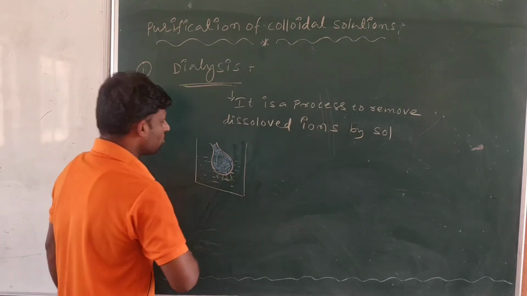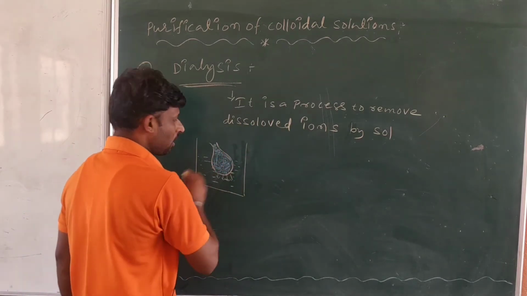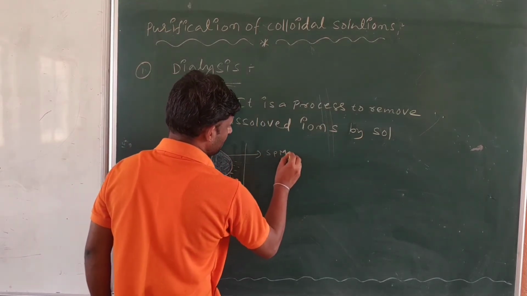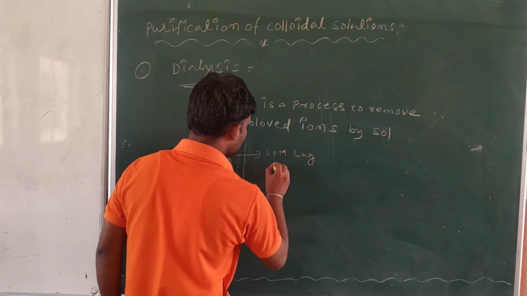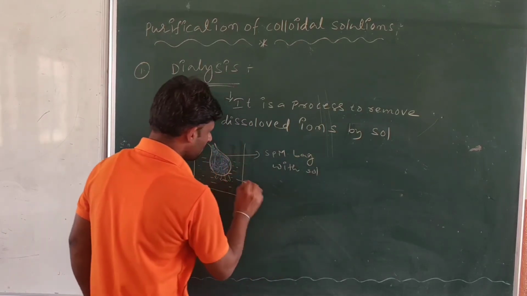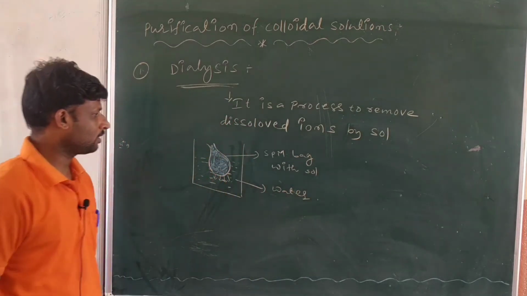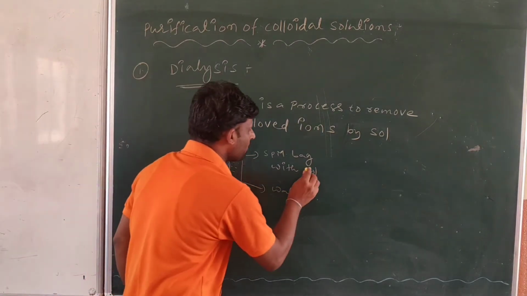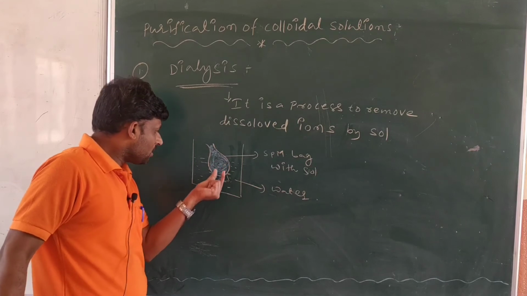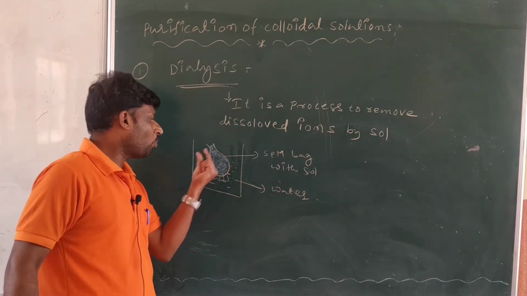Here the concentration of ions in the water will increase. This is the semi-permeable membrane bag with colloidal solution, and this is the water. The ions diffuse and come to the water.